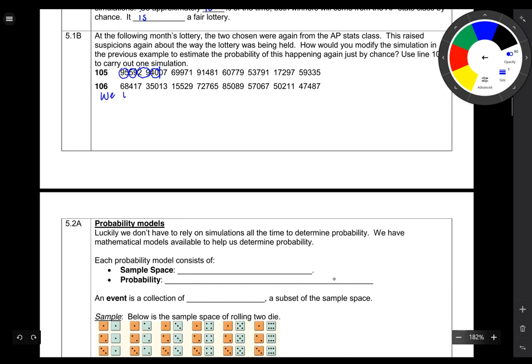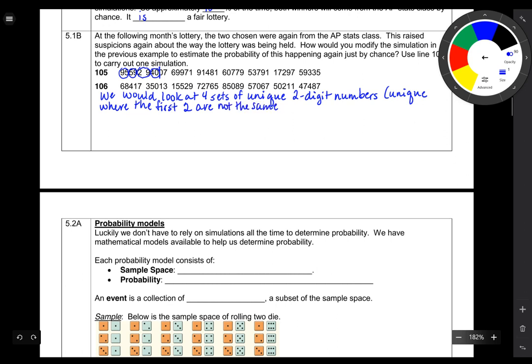So we would look at 4 sets of unique 2-digit numbers, unique, first two are not the same. And notice 95 and 59 are not. And the second two are not the same.